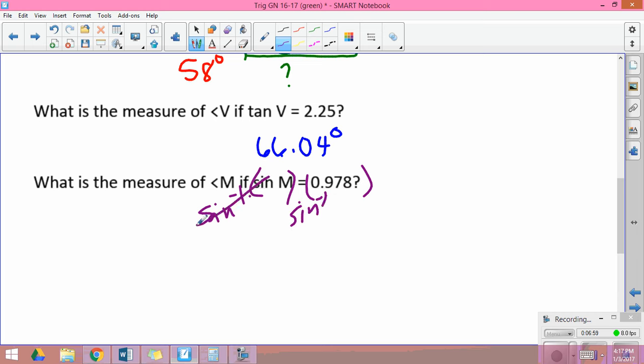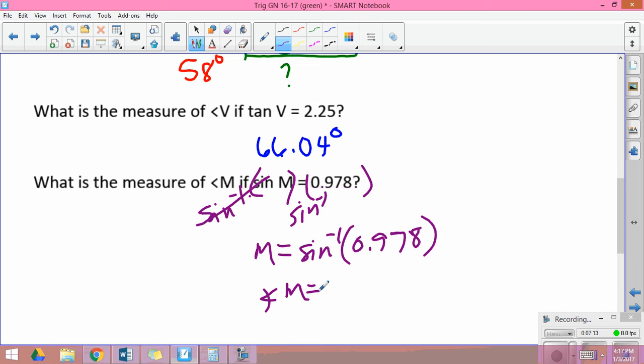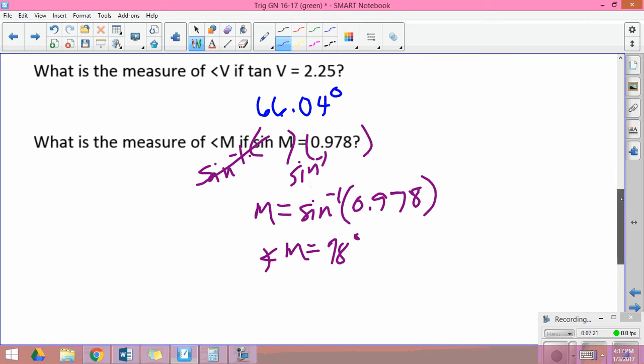The sine inverse and the sine cancel, and I end up with M equals the sine inverse of 0.978. That's what I put in my calculator, and I find out that angle M is 78 degrees. So that's just the quick basics, and this lesson will continue in part 2 of the video.